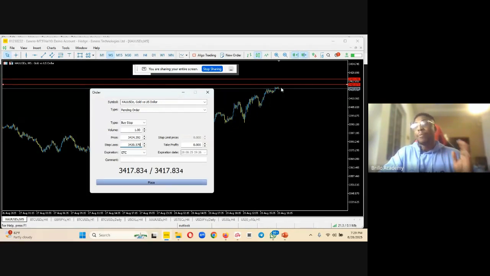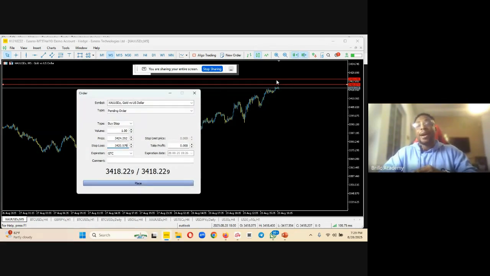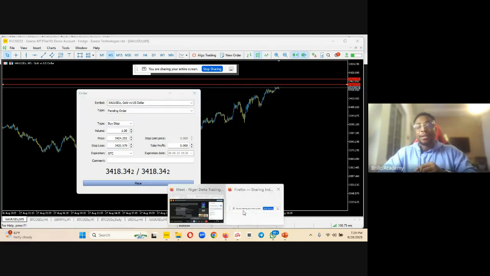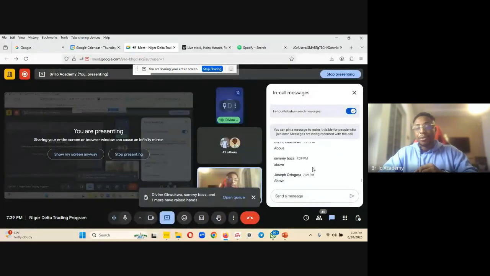But if I want to set take profits, who can tell me where my take profit should be? Should the take profit be above the buy stop price or below the buy stop price? If you know the answer, type it on the chat box. The take profits, where do I set take profits? Is it above the buy stop price or below the buy stop price?